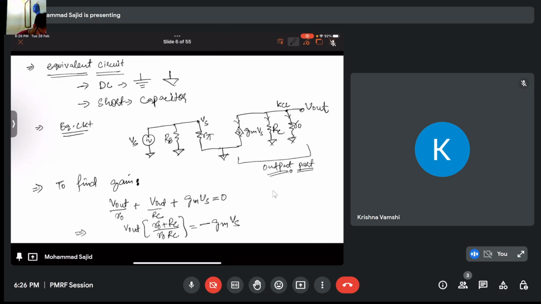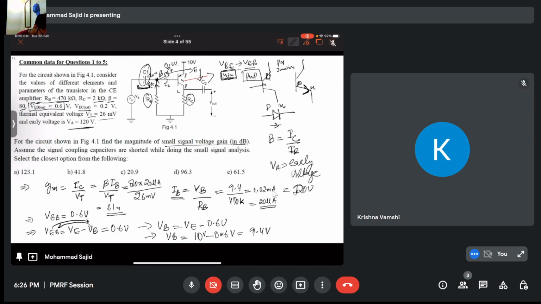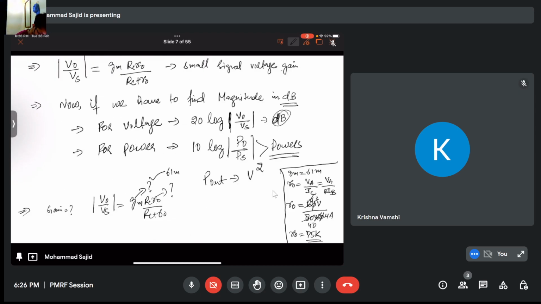So now you have GM, you have R0. RC is also given to us, 2 kilo ohm. Okay, so this is 61 milli into 2 kilo ohm into 75 kilo ohm divided by 75 kilo ohm plus 2 kilo ohm. Okay, the 1k will go, so you will find a gain of, calculated, around 120.